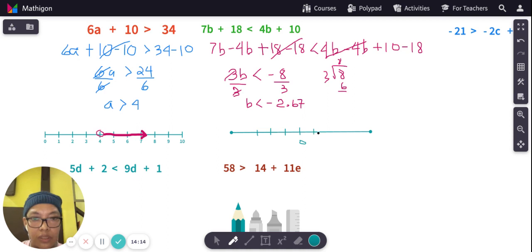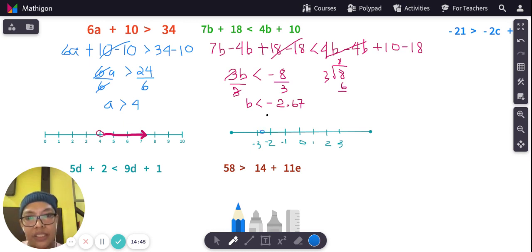Where is 2.67? It is somewhere here, right?